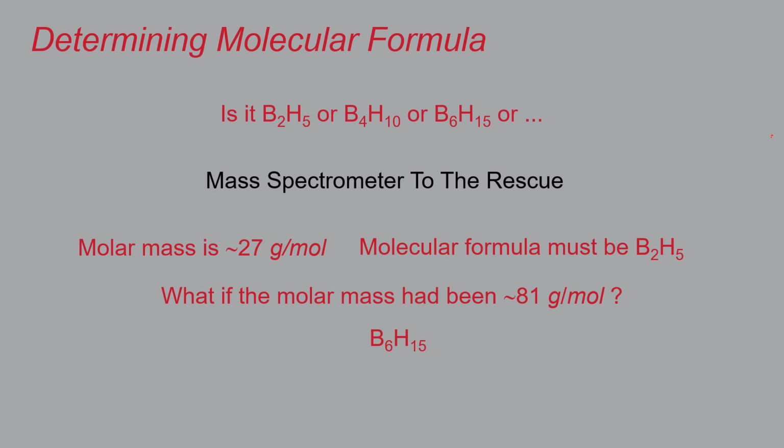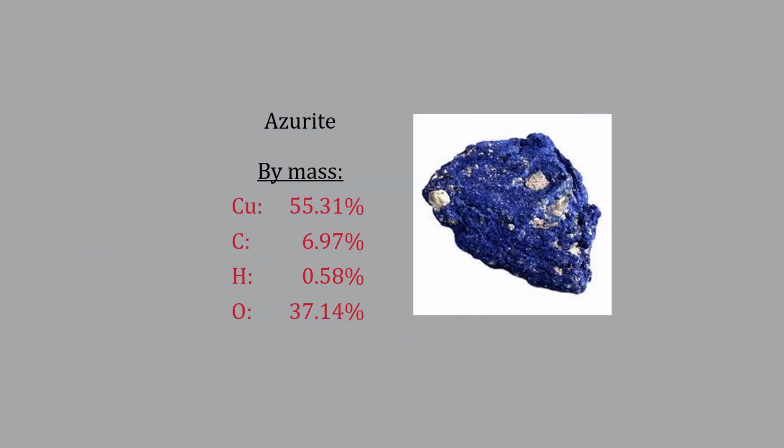If you want to practice, try this, azurite. This is one of the minerals from which copper is mined and refined, and the raw ore form contains the elements copper, carbon, hydrogen, and oxygen in these respective percentages by mass.